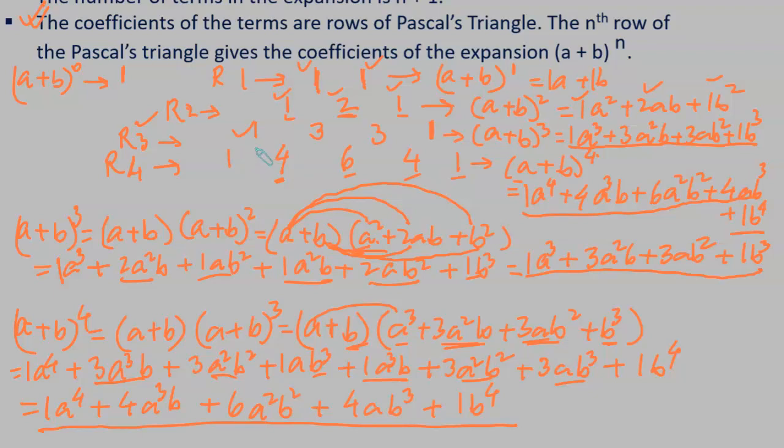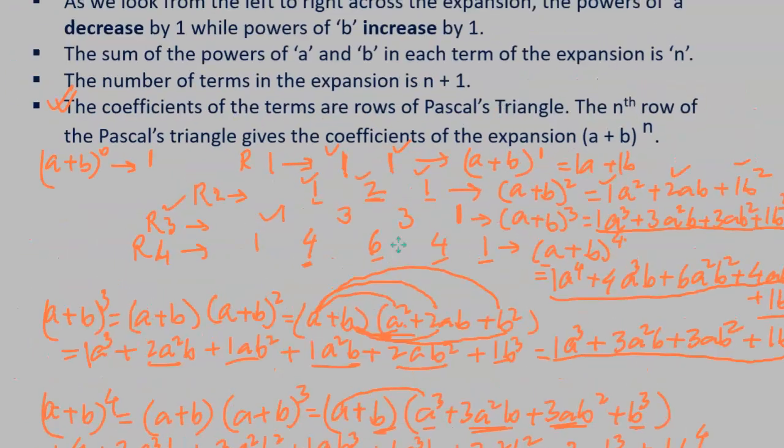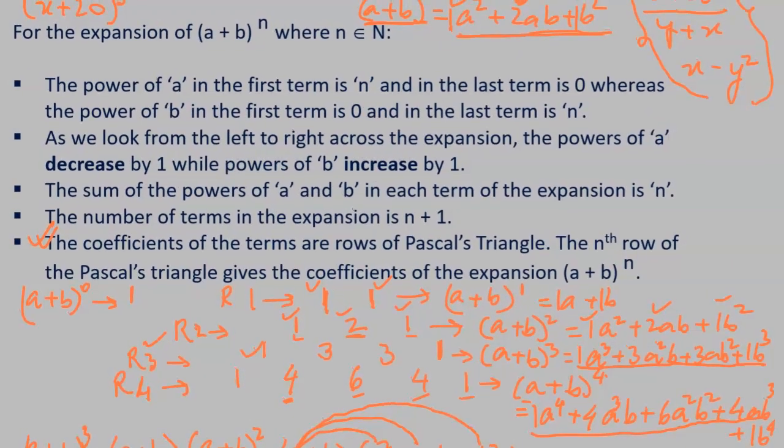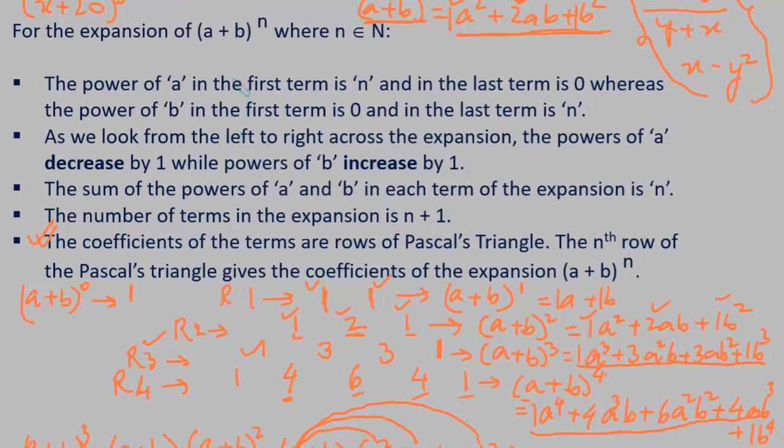Okay. So now that we have known what the Pascal's triangle is and what it is used for, let us move back to the points that are given. So, for the expansion of a plus b whole to the power of n, we have seen up to a plus b whole to the power of 4, where n belongs to the natural numbers, or n is a positive integer.